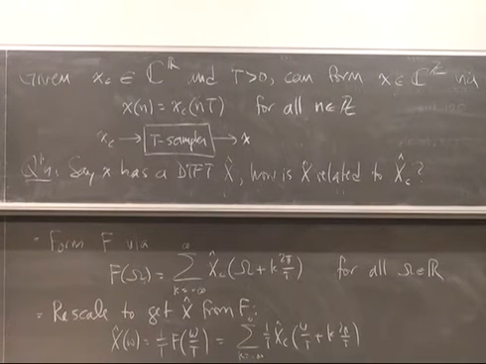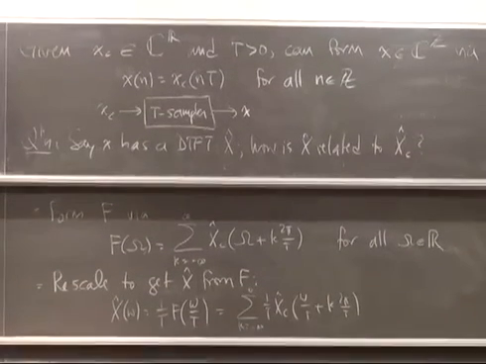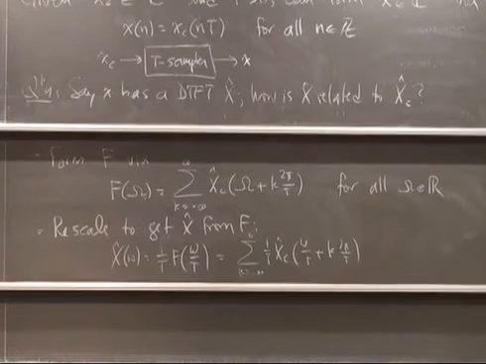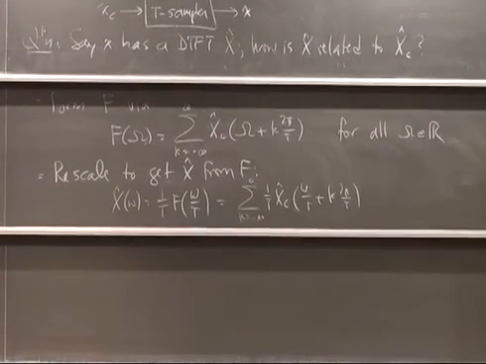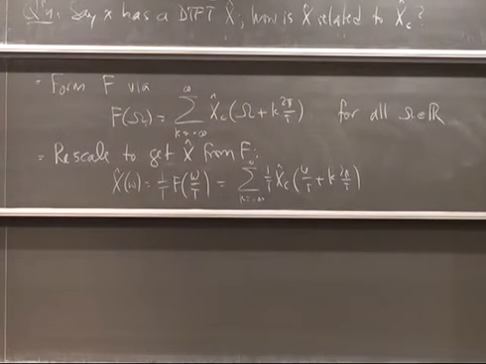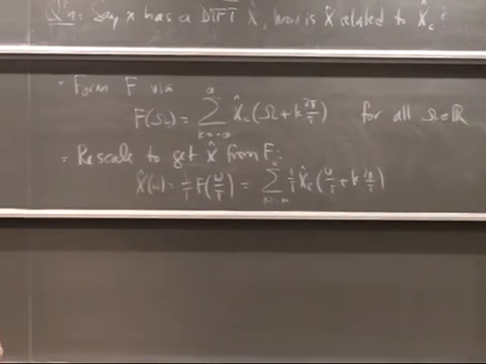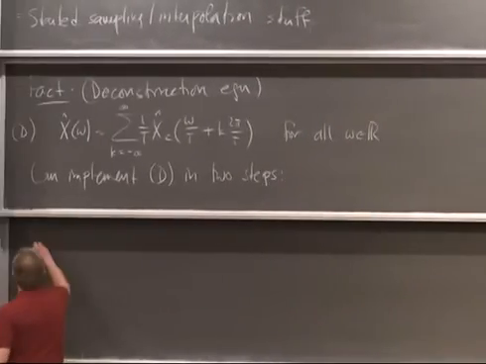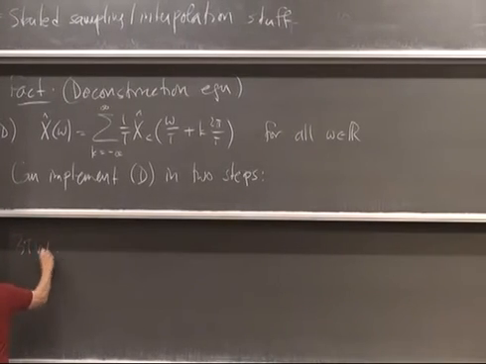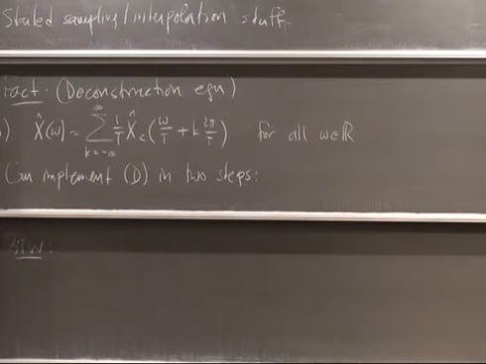Okay, now let's draw some important pictures. And by the way, important comment here. I made it last time, but I'll make it again. You need not assume that x sub c is a band-limited signal for this equation d to hold.